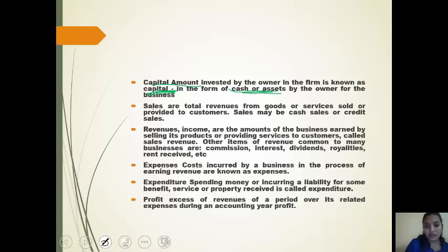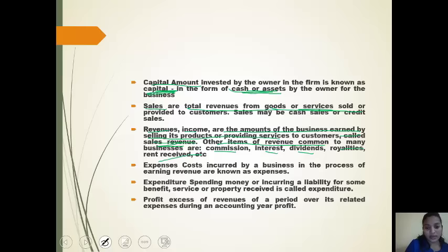Now, sales are the total revenues which they earn from the goods and services after selling them. Now, revenues, incomes are the amounts the business earned by selling its products or providing services to customers, called sales revenue. Other items of revenue can be commission, interest, dividend, royalties, and rent receipts.